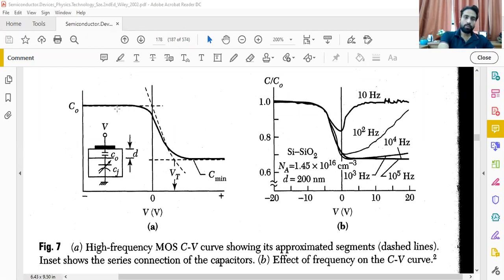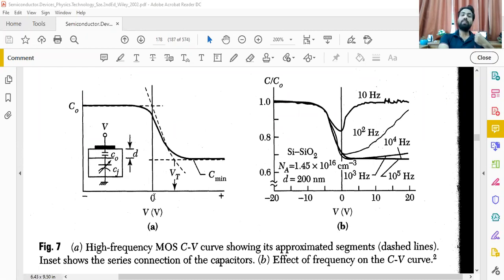This curve shows that below zero, meaning for all negative voltages, Cj is 0. When Cj is 0, then the total capacitance is equal to C naught.